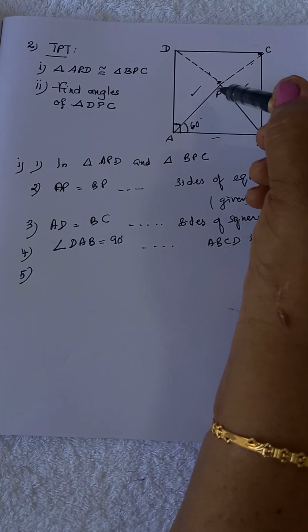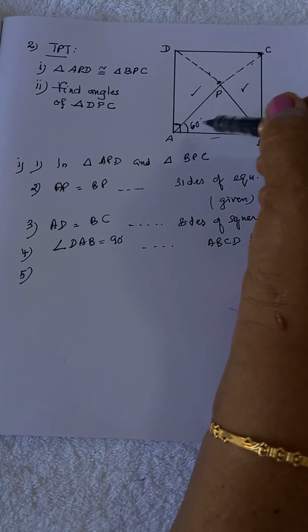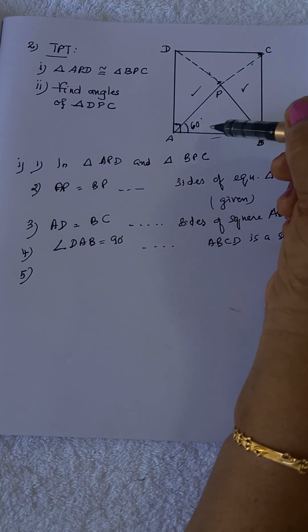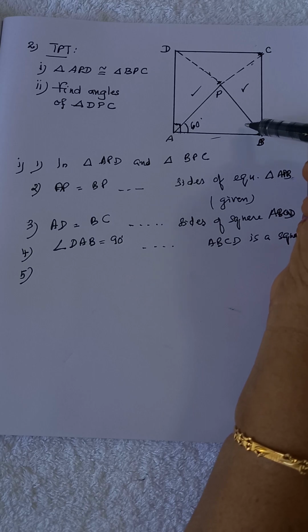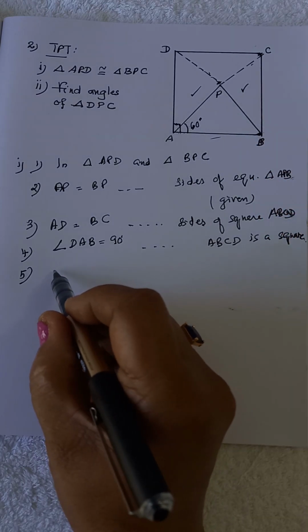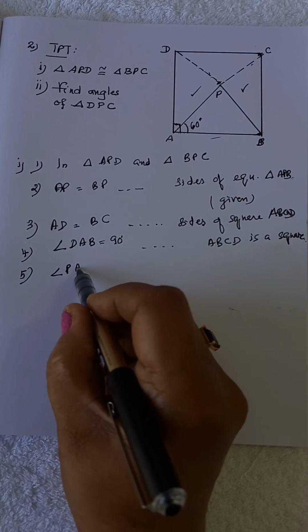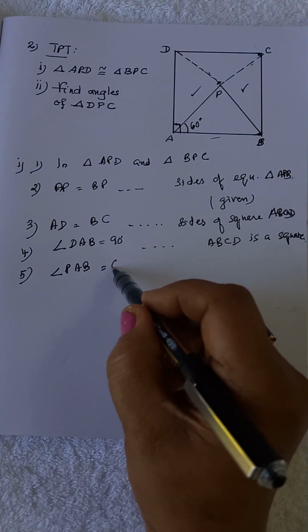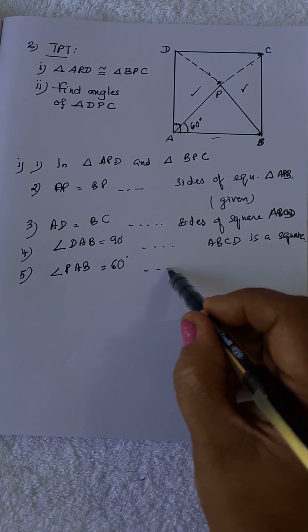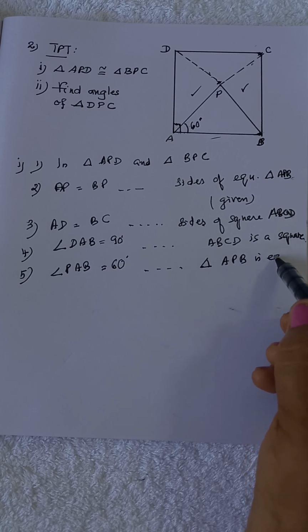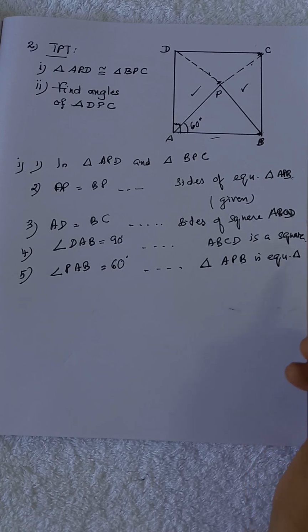In an equilateral triangle, the measurement of each angle is 60 degrees, so that the sum of 60 plus 60 plus 60 will give you 180 degrees. So we can write angle PAB, that is the angle of this equilateral triangle, is equal to 60 degrees. Here the reason is triangle APB is an equilateral triangle, which is also given.